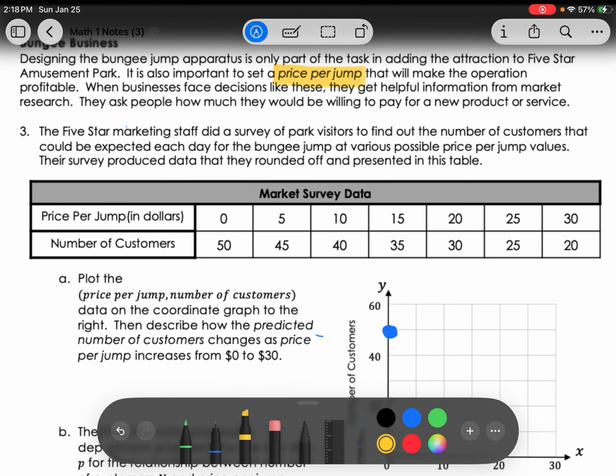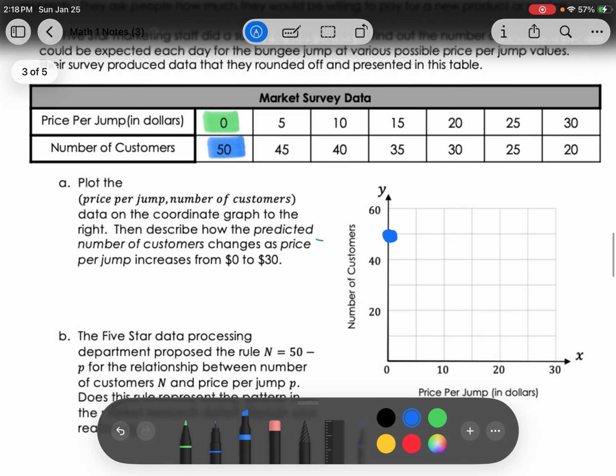If we're looking at the price per jump and the number of customers, as you can see, if we are charging $0, it is going to result in 50 people coming. That's what we have so far right here. I'm going to draw a little nicer. There we go, a nice little arrow right there.